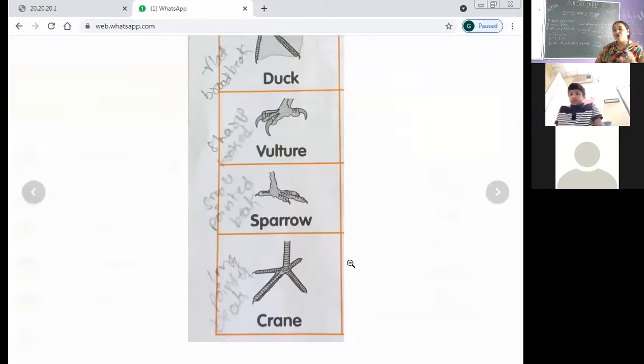So the long legs with spread-out claws help the crane walk in muddy water and catch fish.